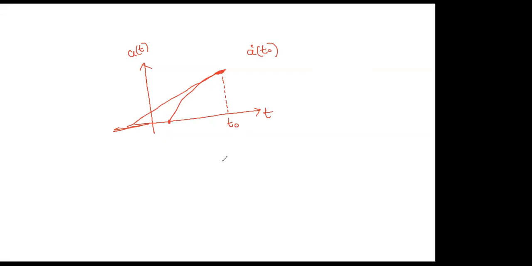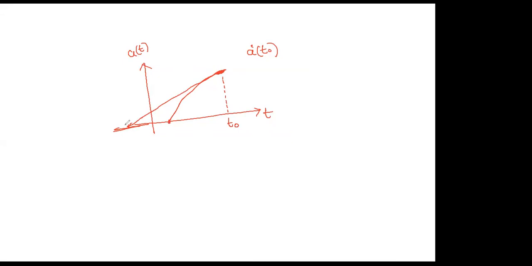If A dot remained the same, it would hit at some point over here, but since A double dot is negative, it will always hit at something earlier than this point, when A will be zero.